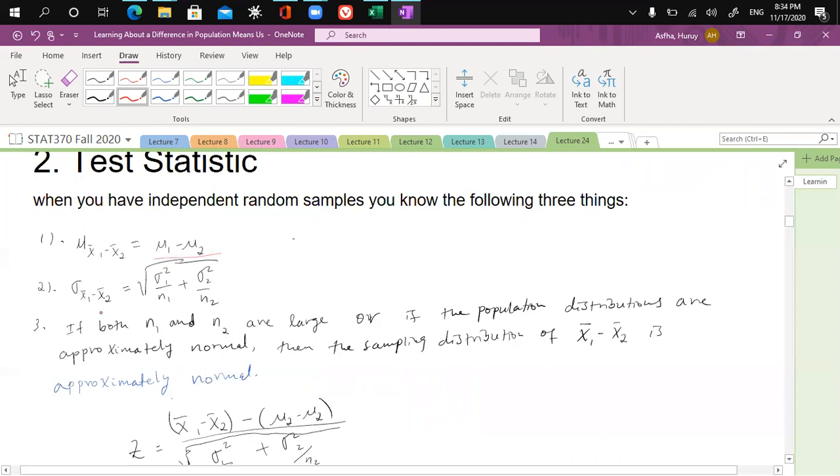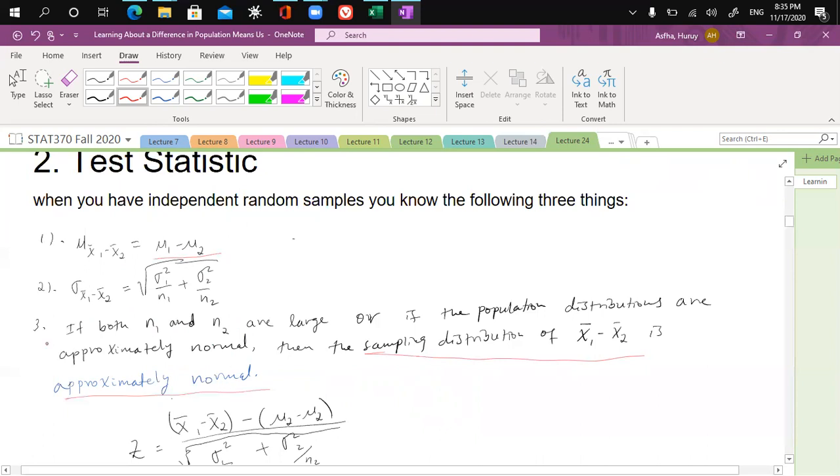The other one is the standard deviation of x bar 1 minus x bar 2, which is given by this one. And the third property is when n1 and n2 are large, or if the population distributions are approximately normal, then the sampling distribution of x bar 1 minus x bar 2 is approximately normal.